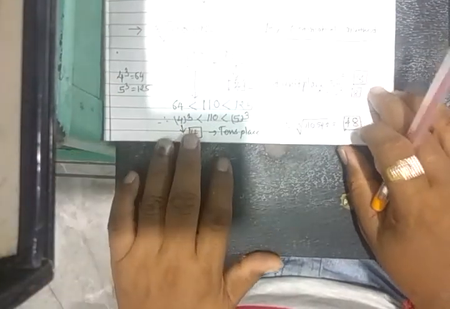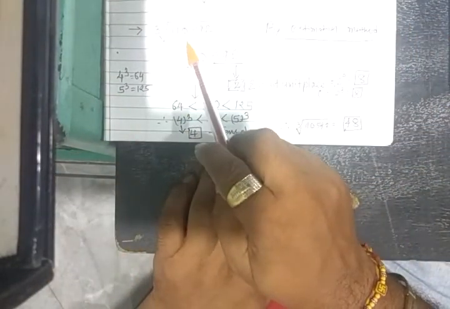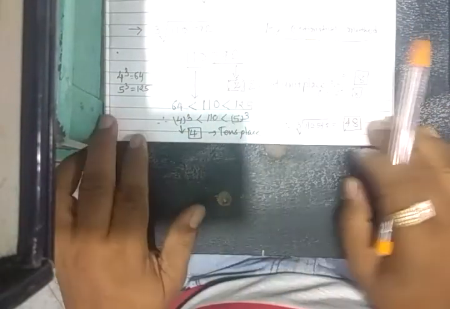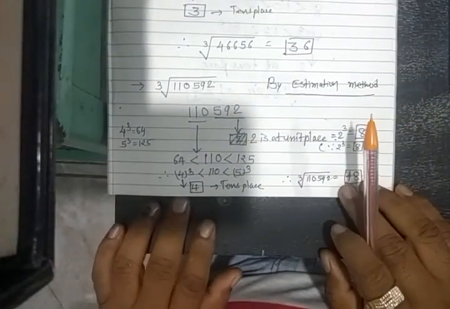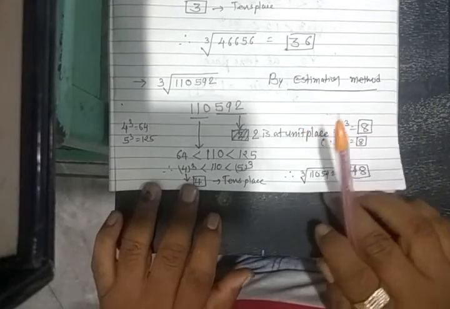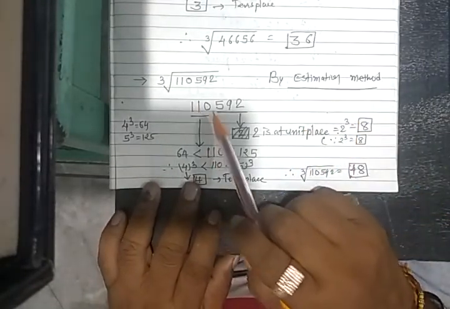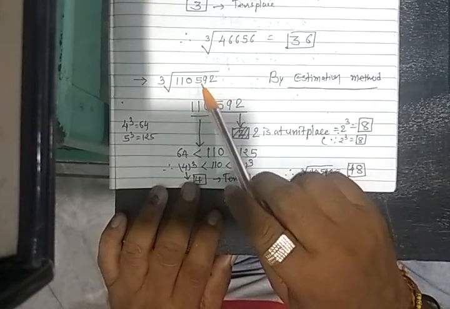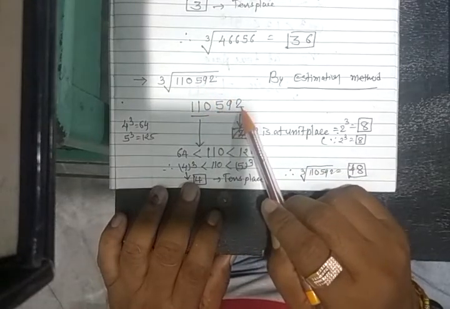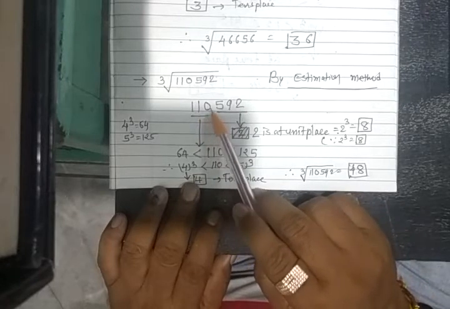Another example, find the cube root of 110592. Now make two groups from the rightmost side. First of all, we take 3 digits. So 592 is the 3 digits and the remaining 110 is the second group.